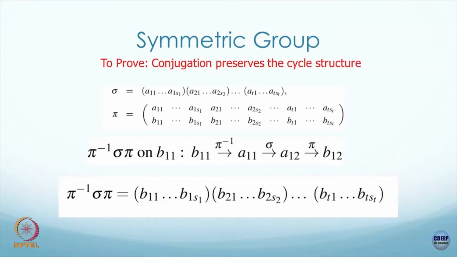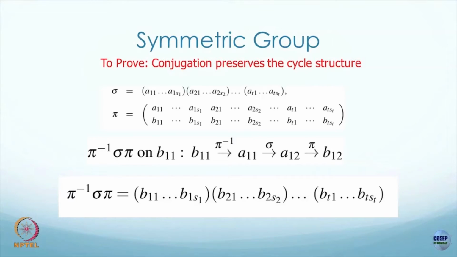I am calling them a11 and so on, and those are the objects on which you do the permutation, and the objects are such that if you do a sigma, sigma means a11 goes to a12. In this notation you could have written it that way, right. Let me write it for you.